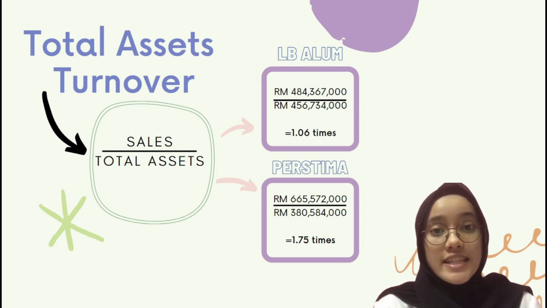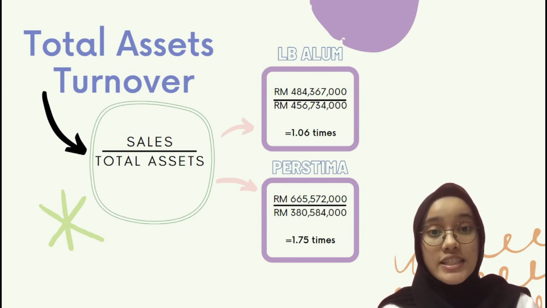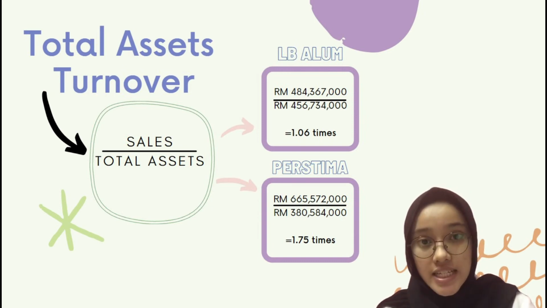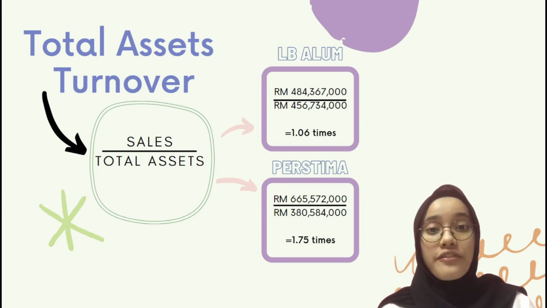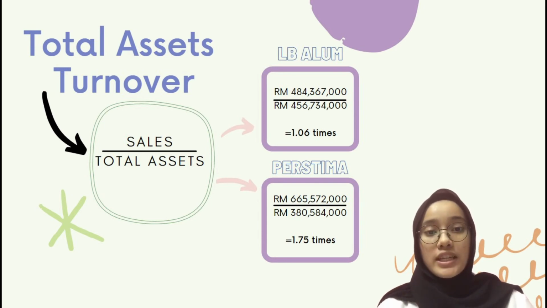So the total assets turnover ratio shows us the company's ability to generate sales from its assets by comparing the sales figure and also the total assets figure. In other words, this ratio shows how efficiently the company can use its assets to generate sales. In this case, Perstima shows that they have better performance than LB Aluminium in using the assets to generate sales.